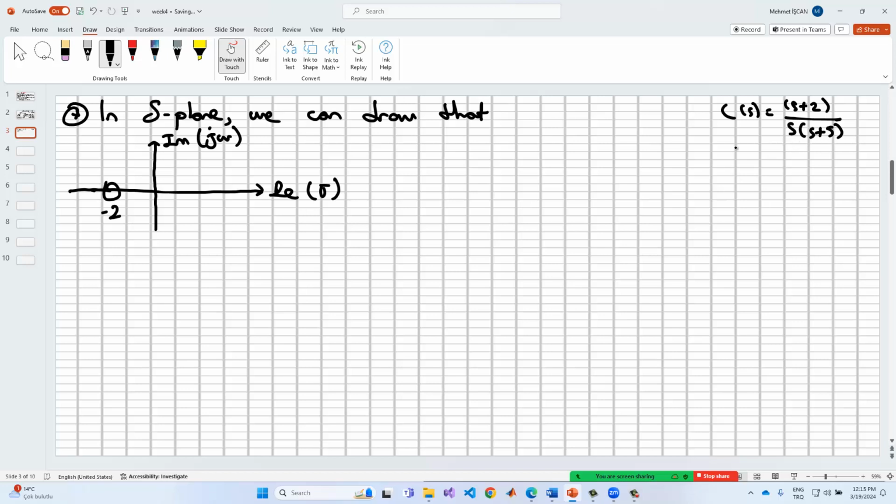And if we have a pole in here, we can draw the x in here, at minus 5, okay? And so this is the representation of our transfer function in which domain? In the S-plane domain, okay? And so this transfer function creates a time response.